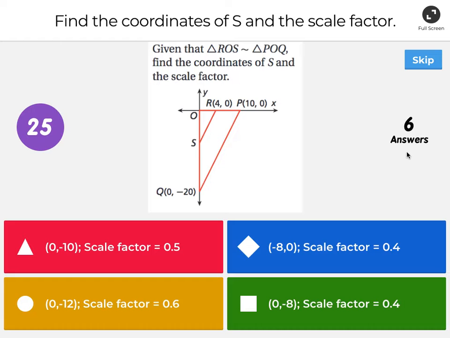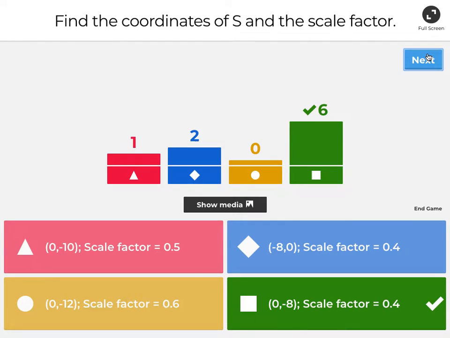What do I get? -8. So this point is at 0, -8. Does that make sense? So 0, -8, scale factor of 0.4.